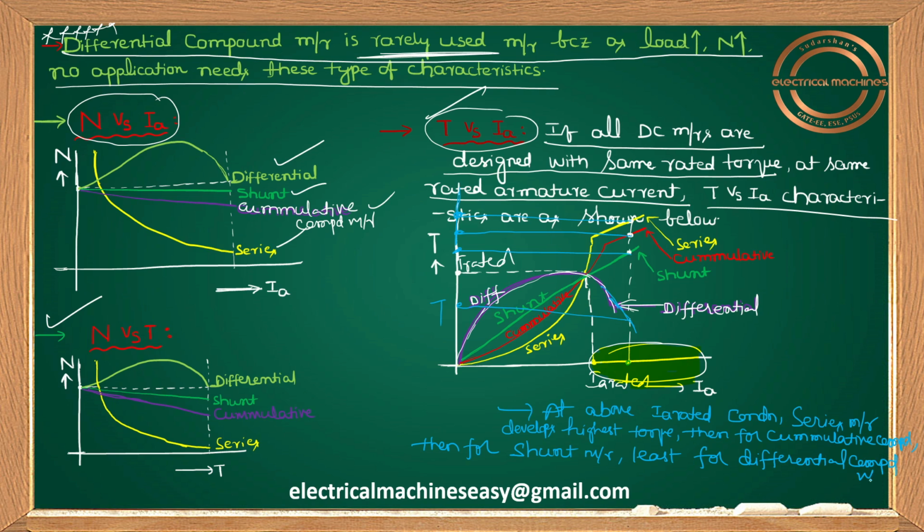So if they ask which motor develops the highest starting torque, you should go for the option series motor, then cumulative, then shunt, then differential.